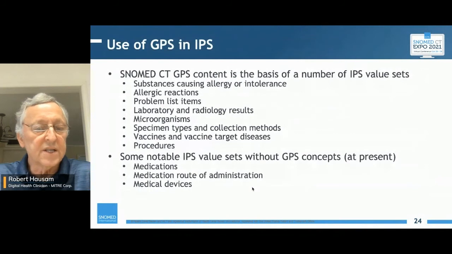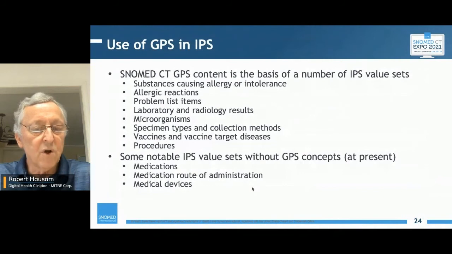Those include substances that cause allergy or intolerance, allergic reactions, problem list items, laboratory and radiology results, extensively microorganisms for infectious disease, and also specimen types and collection methods. Importantly, also vaccine and vaccine target diseases, and some procedures.